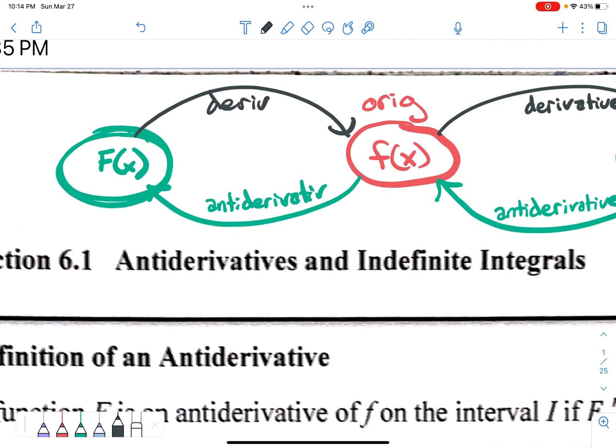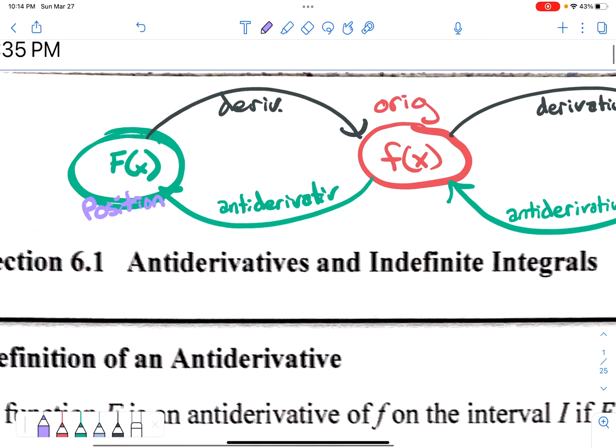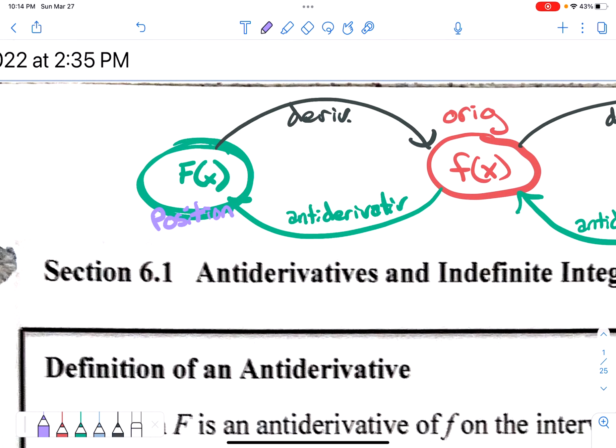Okay, now this might make more sense if I do this. Let's call this guy the position function, okay? So if I'm dropping a rock, position. If I'm dropping a rock off of a cliff or something, a lot of times you'll see something like y equals, let's say, negative 16 t squared plus 200.